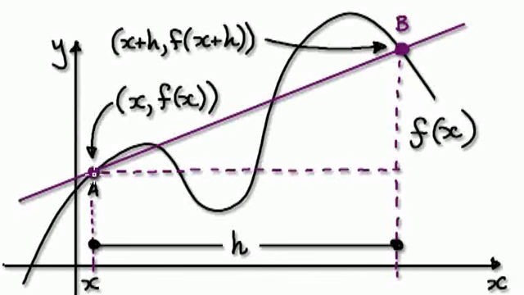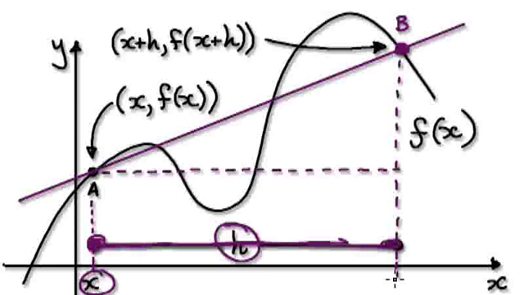The coordinates at this point A will be x, and then the height here is given by f of x. And the coordinates at B, remember that we set up this h here, which is very important. This h is the length from here to here.